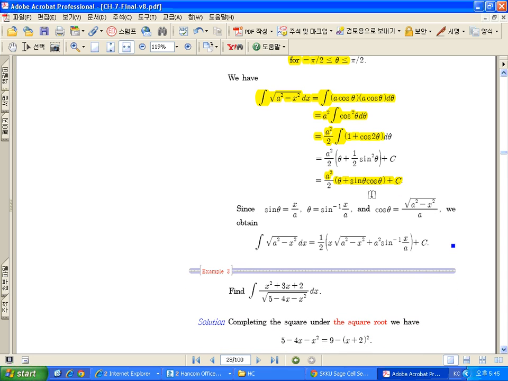After that, we find theta as arcsine of x over a, and cosine theta as well. So we isolate theta and then replace those thetas and sine thetas in here to have this.